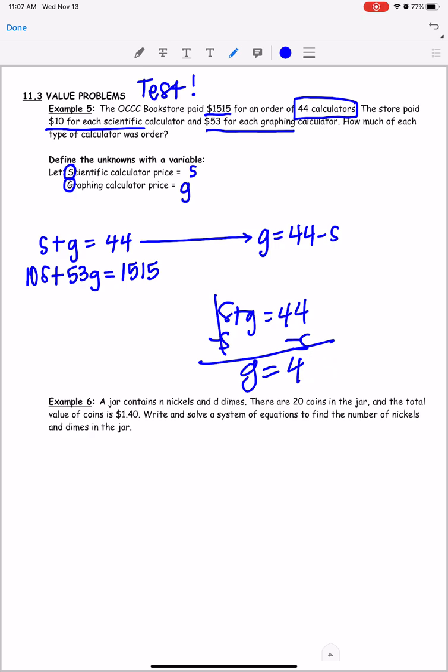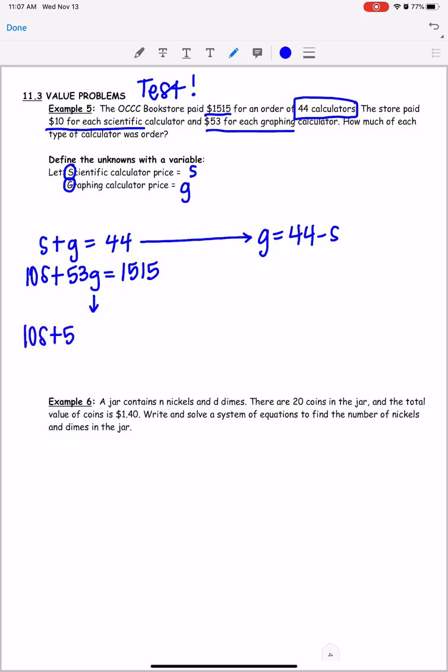So you're just subtracting S over to the other side of the equation. Now that I have that, substitute it in for this G in the other equation. So I've got 10S plus 53 times 44 minus S, equals 1515.